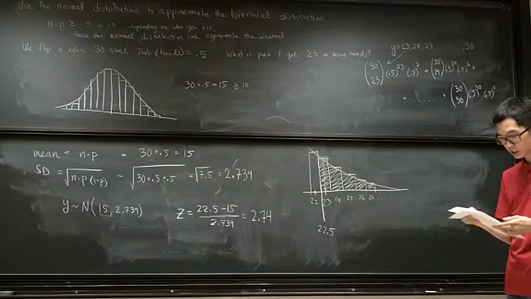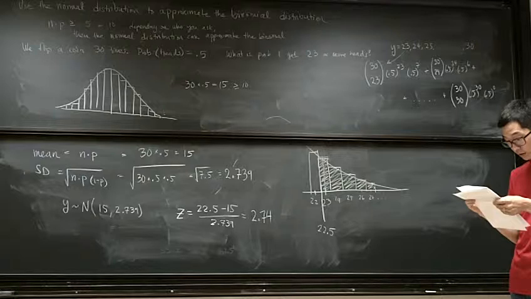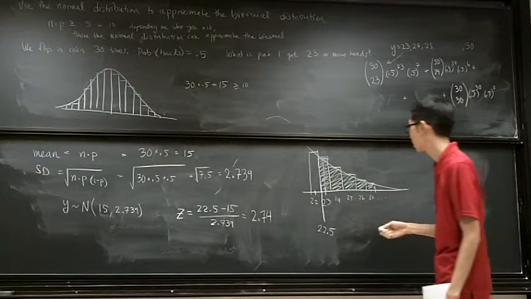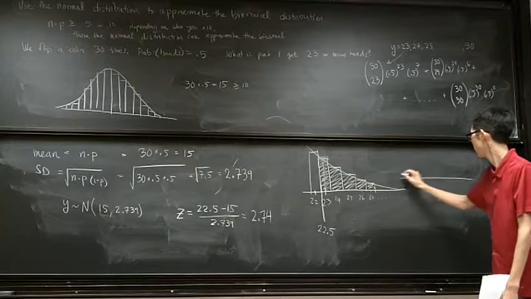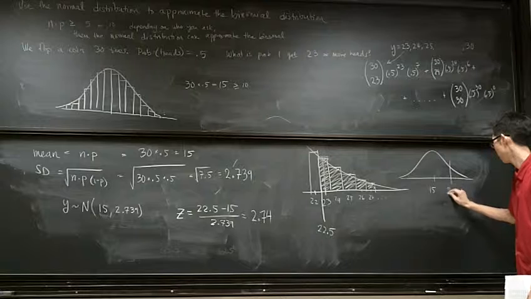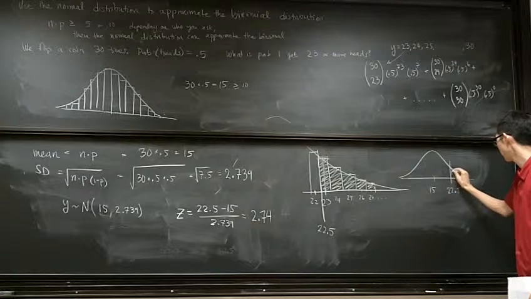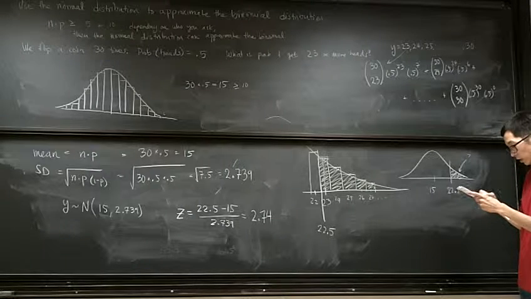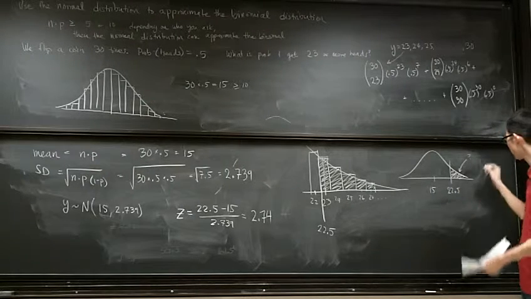So I look to the right. How much do I have? 0, 0, 3, 1. So replacing this with a normal model, 22.5, I want to get this area over here. I get 0.0031.